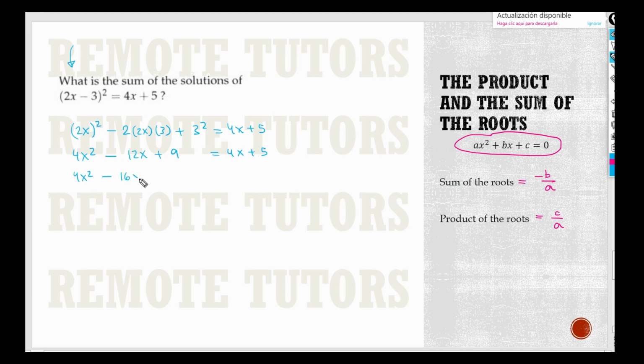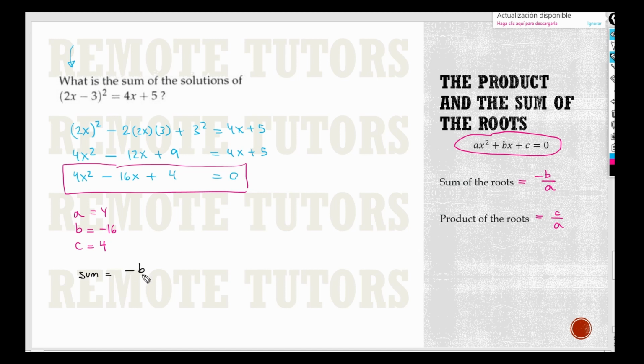That gives minus 16x, and I will subtract 5 from 9, so that gives 4. So this is written in standard form, and A is 4, B is negative 16, and the value of C is 4. The sum of the roots is given by minus B divided by A. That is minus negative 16 divided by 4. So the sum of the roots will be 4.